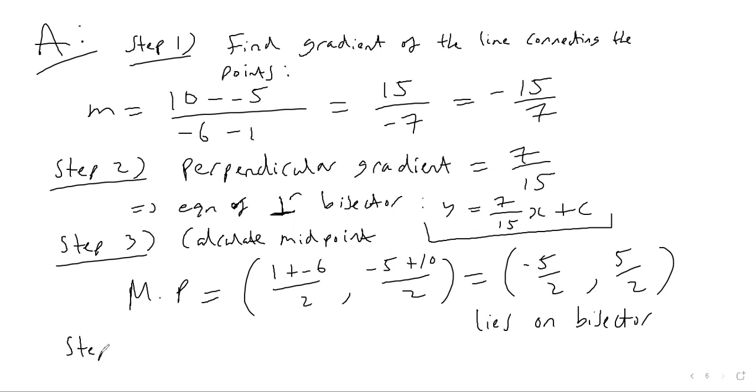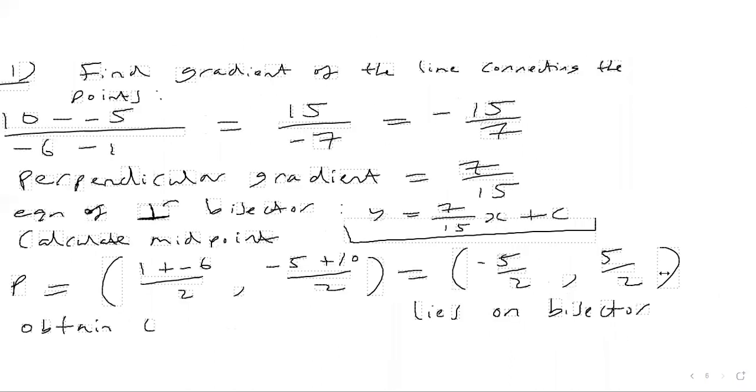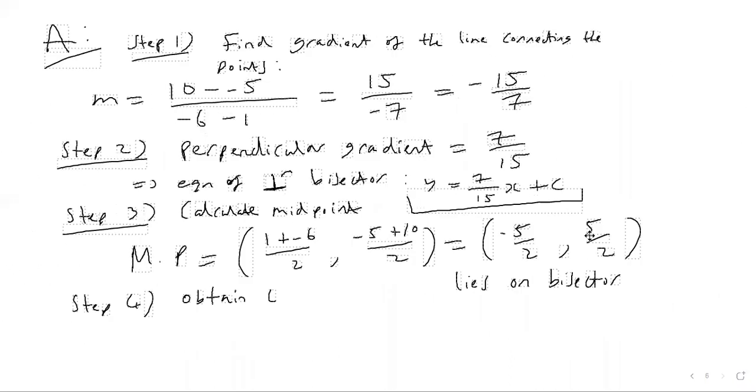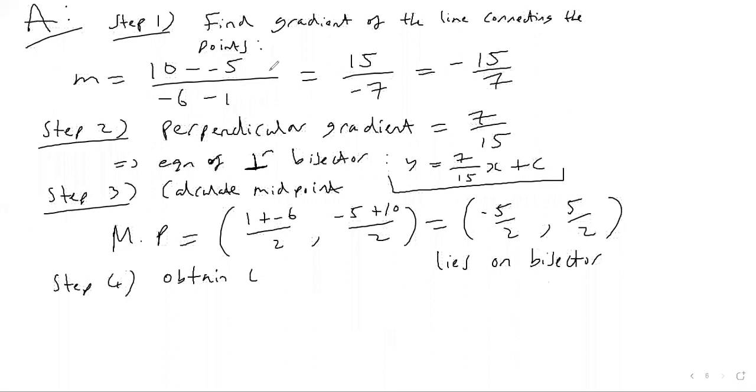So step 4 is to obtain c, and we do that again by substituting in the coordinates of our midpoint into our equation there. So obtain the c value. That's our next step.